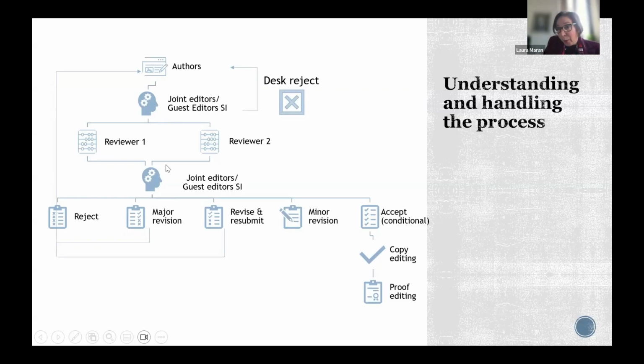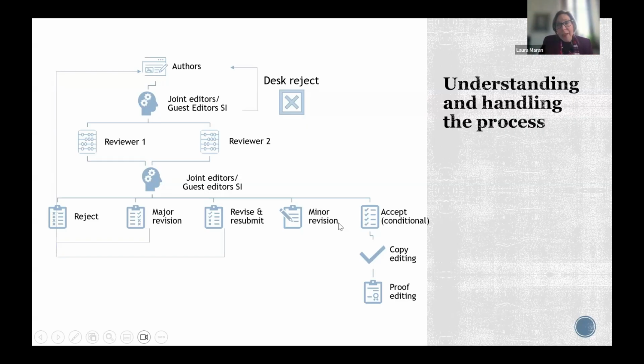This means a lot of back and forth between the authors and the reviewers whenever the paper is not desk rejected. The potential outcomes of the reviews are reject, and it can still be rejected throughout the review process. That is a double-blind peer review process. Major revision, revise and resubmit.